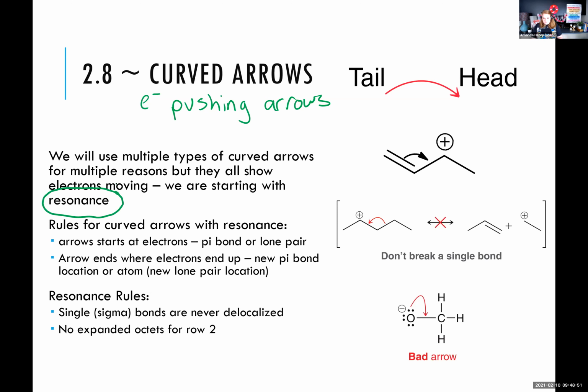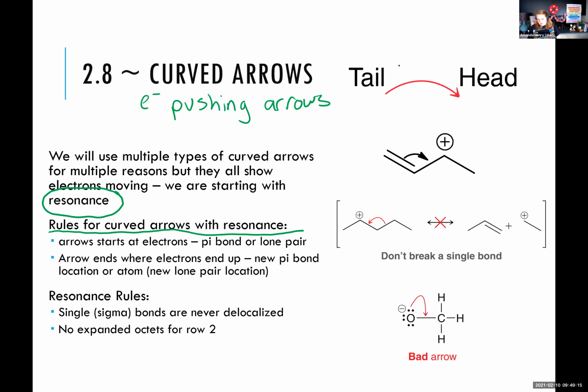And I point this out because the rules for how we do resonance and the rules for how we use these curved arrows in the future are going to be slightly different because we're using them for different purposes. But right now we're looking at the rules for curved arrows with resonance. Where we start the arrow and where we end the arrow is really important.